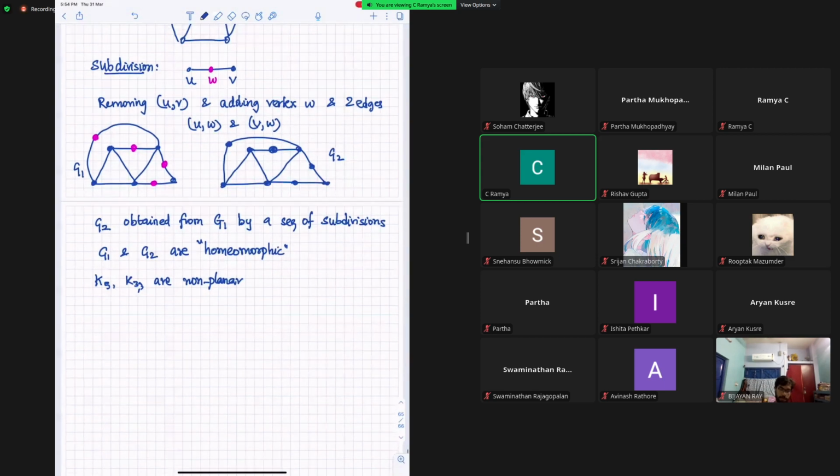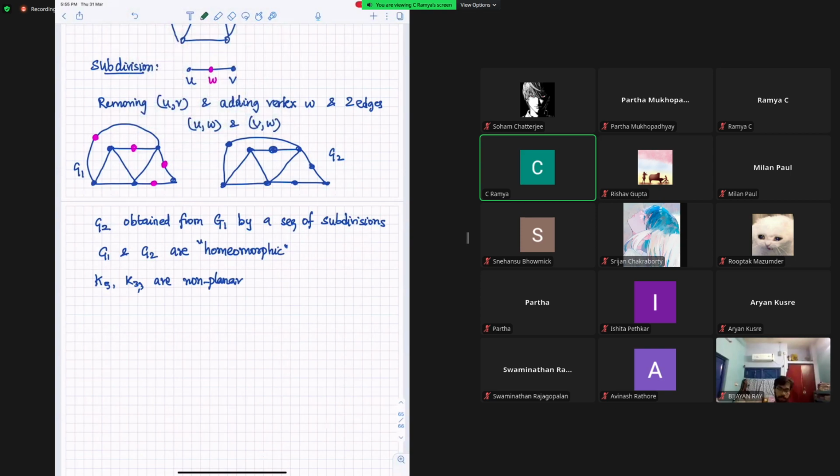But if you know that a graph is not planar, then definitely K5 or K33 cannot sit inside the graph as a subgraph. In fact, more is known: it cannot even contain a copy of K5 or K33 this way. You cannot subdivide to get a copy of K5 or K33.